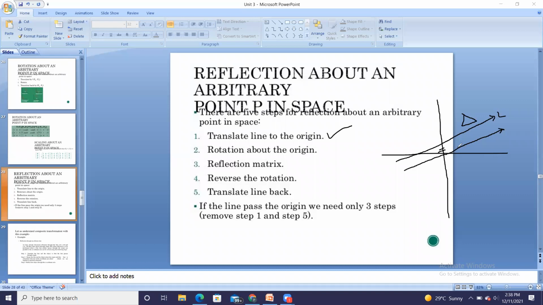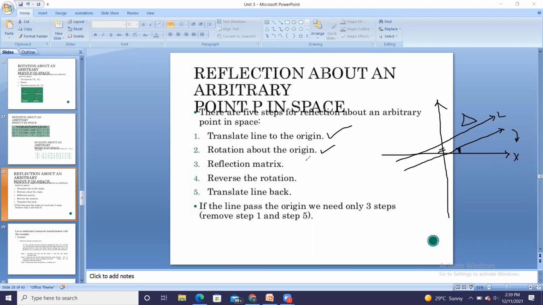Second, now you have to rotate it so that it will coincide with either the x-axis or the y-axis. You have to rotate this by this much angle, in the clockwise direction, so that now this line L will coincide with the x-axis. As it is present on the x-axis now, you can carry out the reflection using the reflection matrix along the x-axis.